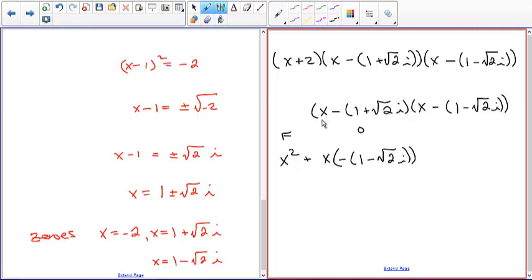Then you have the inner, which is these two. So again, I'm going to switch the order. You'll have a negative sign from here. So what we're doing is taking x times that. So we get plus x times negative 1 plus the square root of 2i.